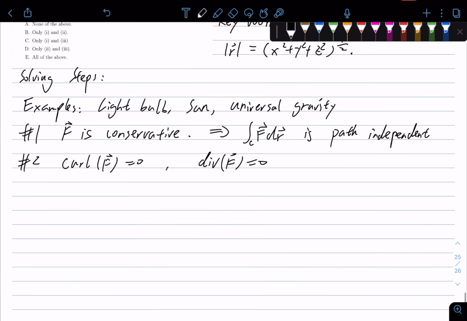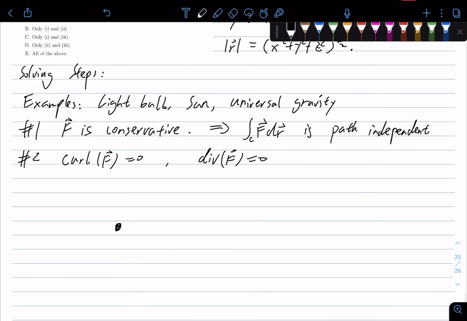Let's say we have a light bulb, and this is the core of it, where it's shining through the light, and this is the glass of the light bulb covering it. I think everyone understands that this vector field will flow radially out. Let's draw that more obviously.